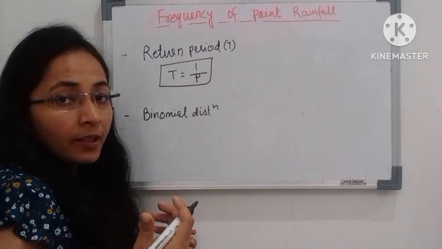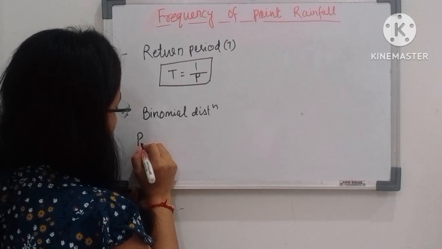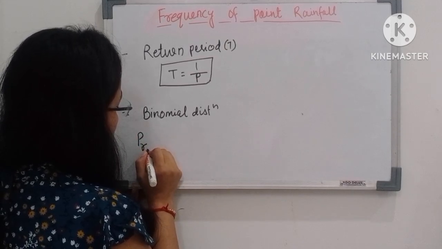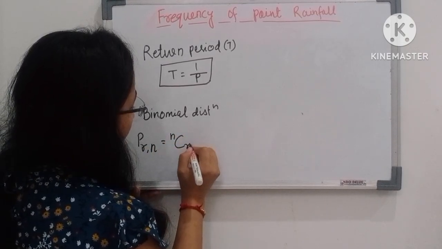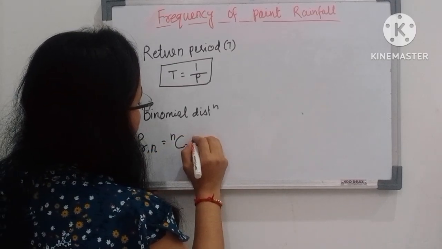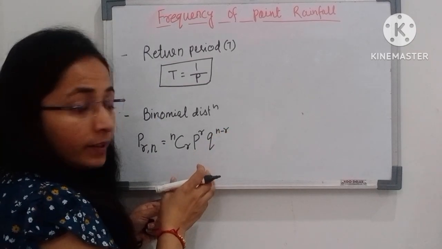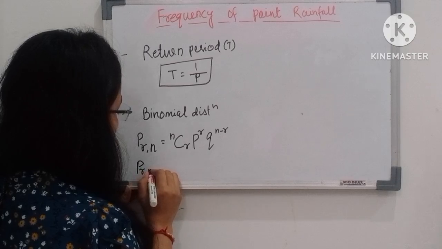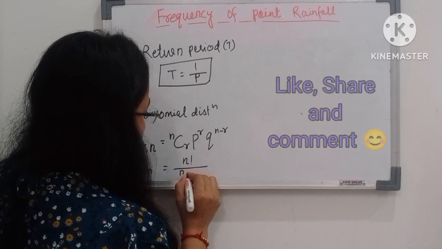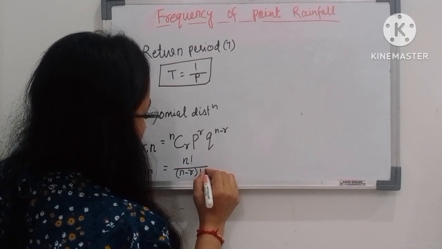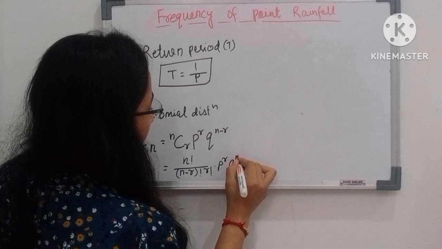We consider the event occurred R times in n successive years. So the probability distribution, where P is the probability, R is the number of events and n is the successive years, is equal to nCR, P to the power R, Q to the power n minus R. And after solving this, we get P(R,n) is equal to n factorial upon R factorial into n minus R factorial, into P to the power R and Q to the power n minus R.